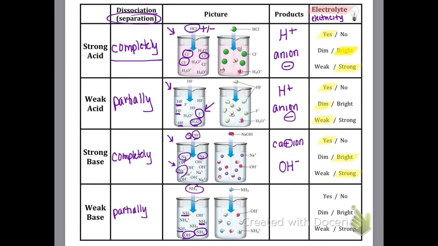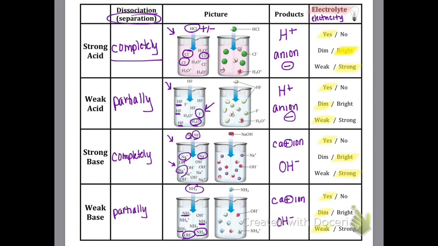It's still the same on this side, meaning that when it does separate, you'll get a positive ion, a cation, and an OH, but a lot of them are not going to separate. If that's the case, you're still going to have an electrolyte, yes, because you have some charges, but it's going to be dim because you don't have that many positives and negatives, and we call that a weak electrolyte.